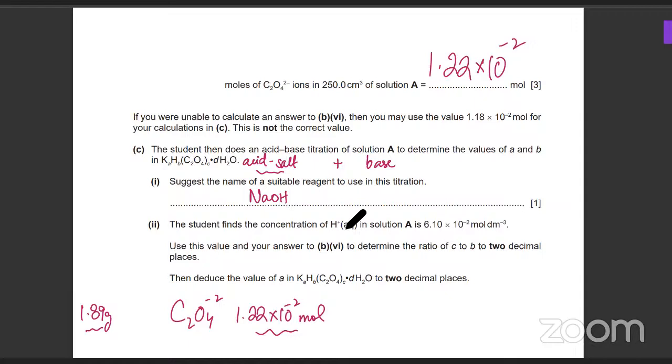Using that H+1 concentration, we can find the moles of H+1 in 250 cm3. The volume is 250 cm3, so that's volume times concentration. The concentration is already given to us, so that's going to be 6.1 times 10 power minus 2.